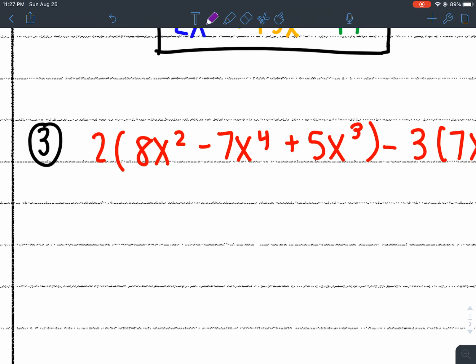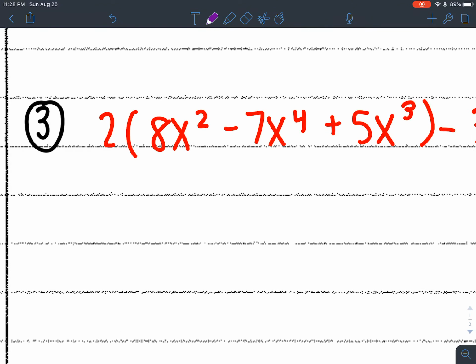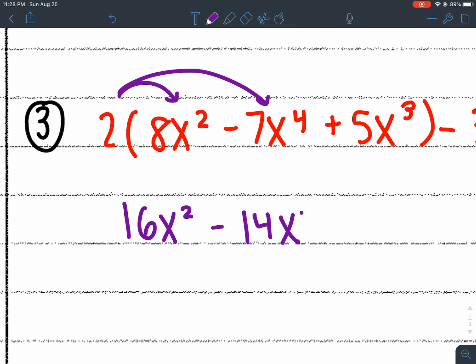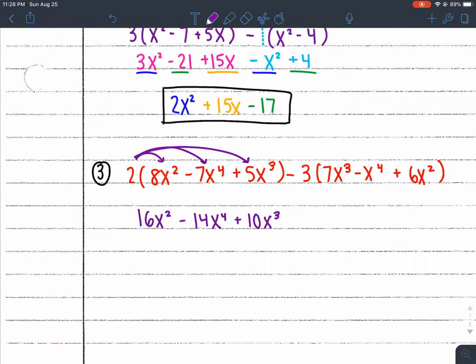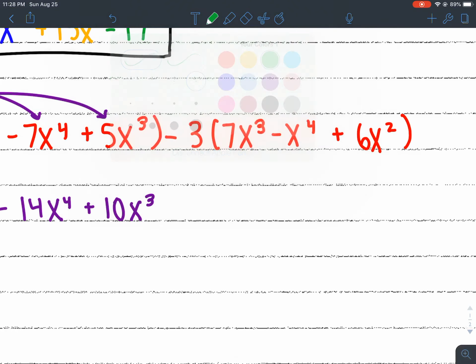I'm going to look at my first set of parentheses. I have 2 times all of these terms. Again, you're going to distribute the 2 to every term that you see. So 2 times 8x squared is 16x squared. 2 times negative 7x to the 4th is negative 14x to the 4th. 2 times 5x cubed is 10x cubed. Over here I have negative 3 times 7x cubed.